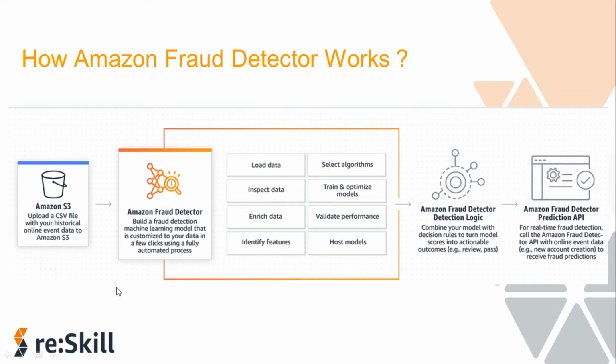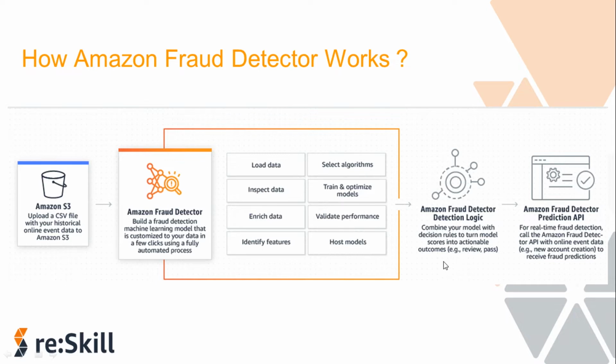So here, as you can see in the image, the CSV data file, the historical data, was uploaded to the Fraud Detector. Just a quick review of the working. Then we build the fraud detection machine learning model that is customized to your data in a few clicks using a fully automated process that includes loading and inspecting the data, feature identification, algorithm selection, training and optimizing ML models, performance validation, and hosting models.